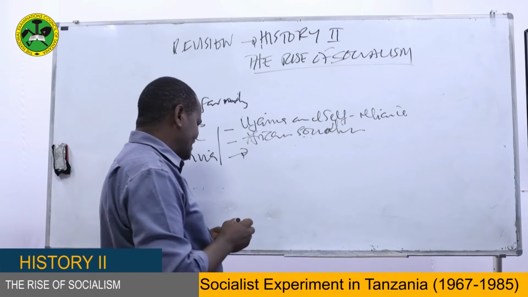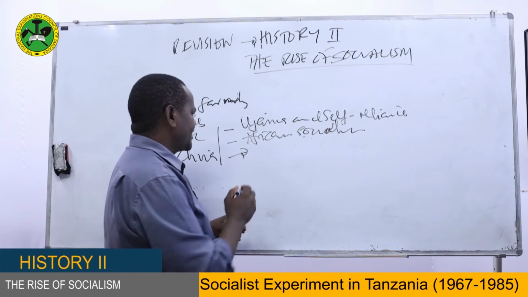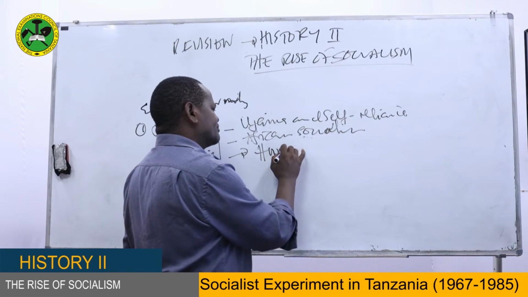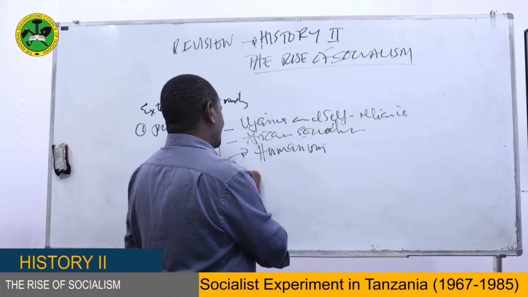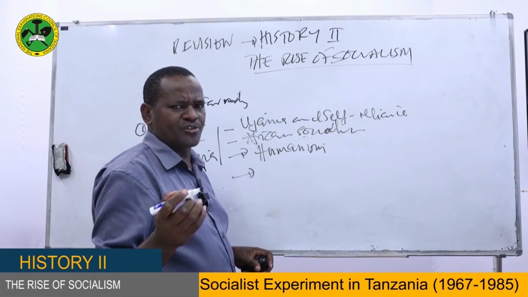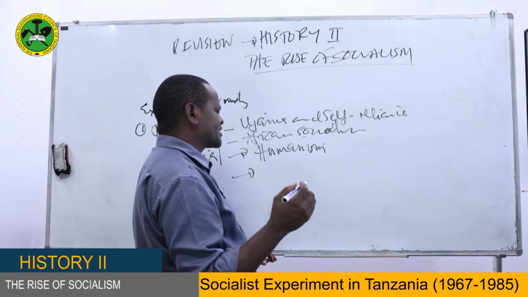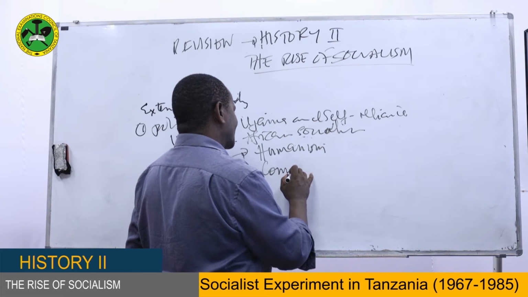But if you look in Zambia, for instance, Dr. Kenneth Kaunda introduced a kind of socialism which was called humanism. In Uganda, Milton Obote introduced a kind of socialism which was called the Common Man's Charter.